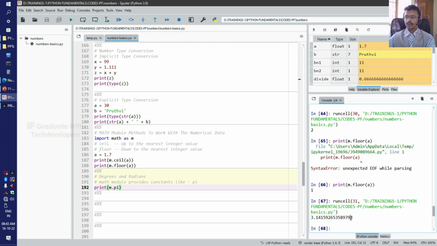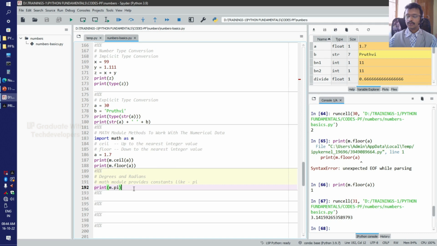Let us convert this pi value, which is in radians.